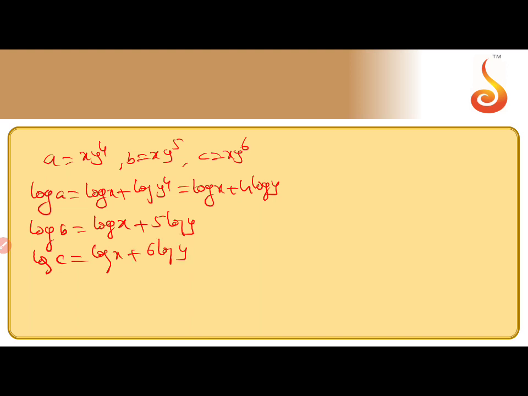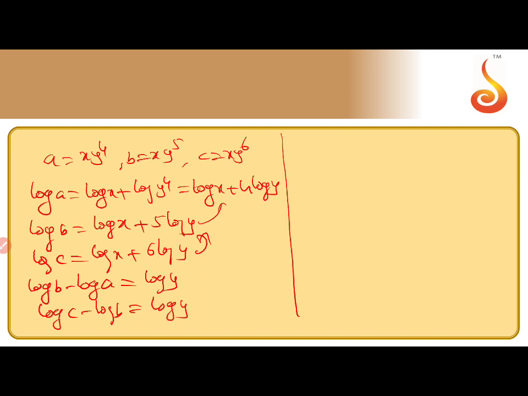Here you can find log b minus log a. Subtracting these two, log x cancels, and 5 log y minus 4 log y is log y. Also calculate log c minus log b. Subtracting these two, log x cancels, and 6 log y minus 5 log y is log y. Keep all these values in mind, and you can solve the question.